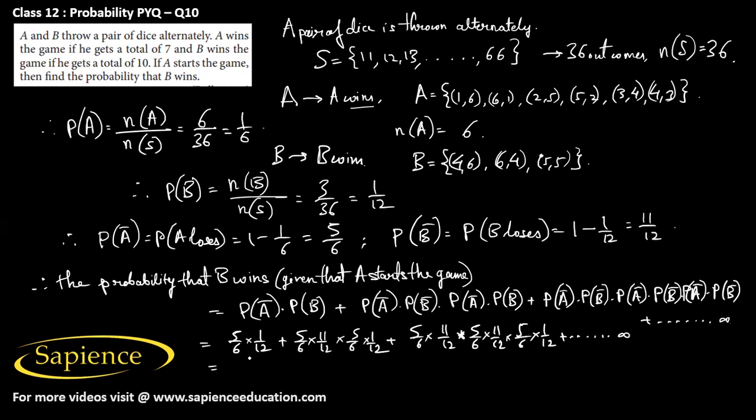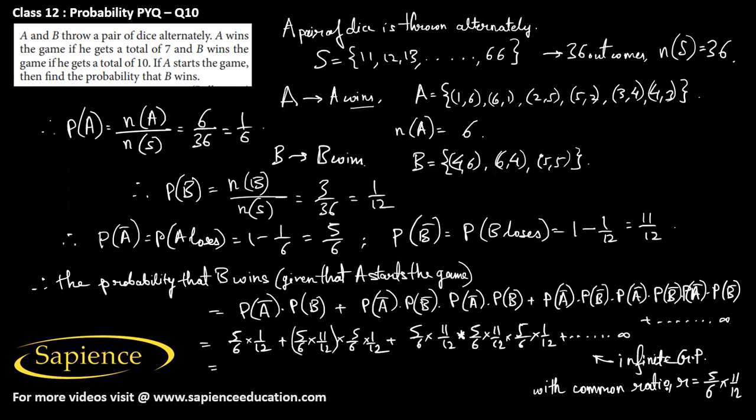So we can see that this is obviously an infinite GP with common ratio R, which is equal to 5 by 6 into 11 by 12.